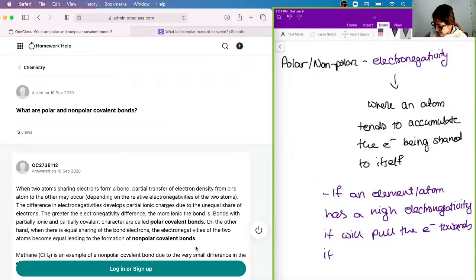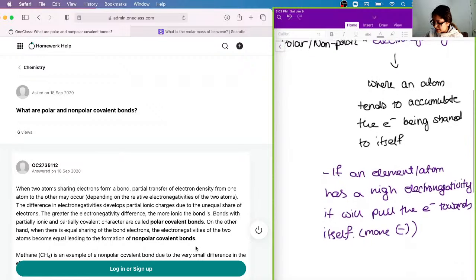In other words, it's stronger, so it pulls the electrons to itself. So it's more negative, right? And this is what electronegativity means.